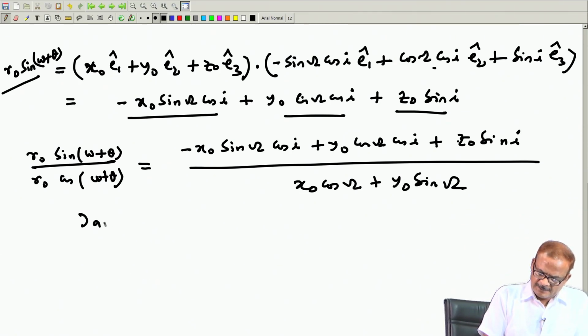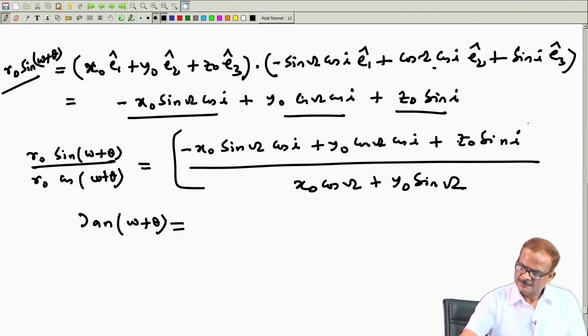So, this implies tan of omega plus theta equals the quantity in the bracket here.